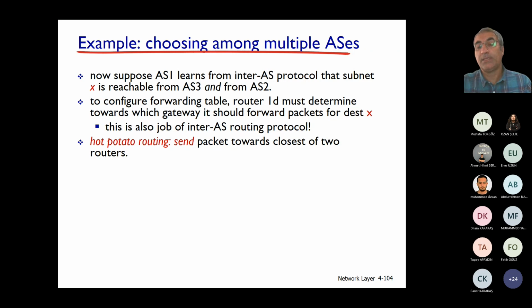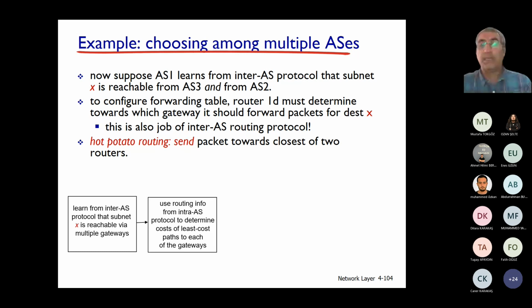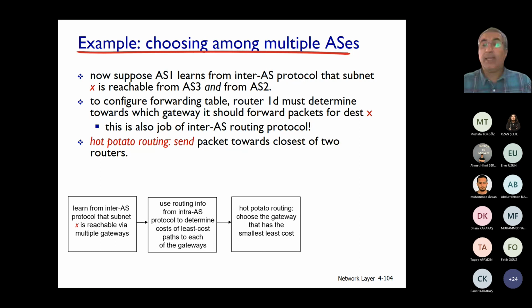In hot potato routing, you send the packets towards the closest of the two routers. You learn from the inter-AS protocol that subnet X is reachable via multiple gateways. Then you use routing information from the intra-AS protocol to determine the cost of the least cost path to each of the gateways, and you choose the gateway with the smallest least cost.